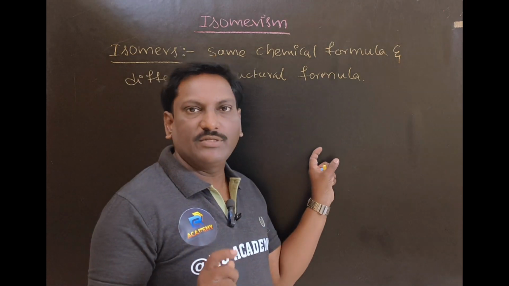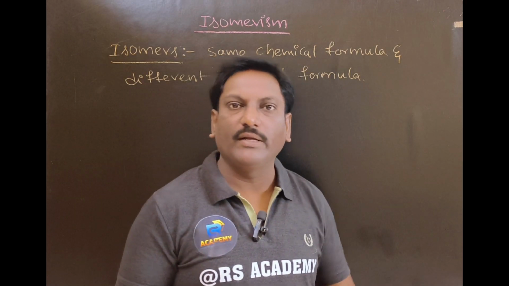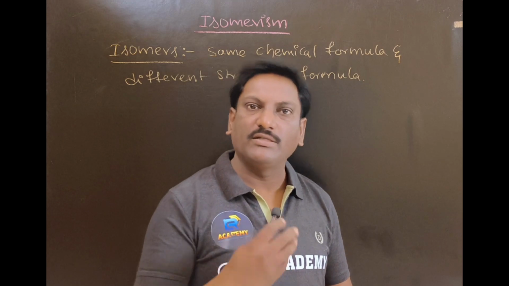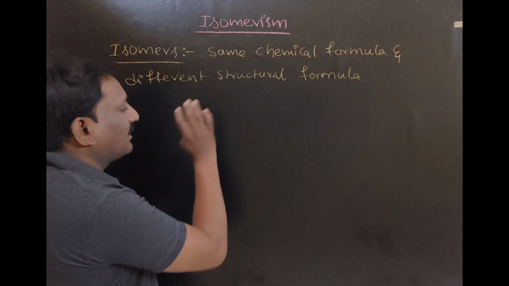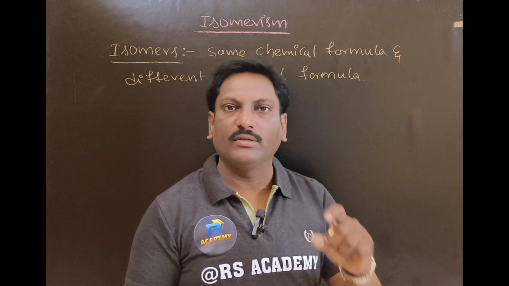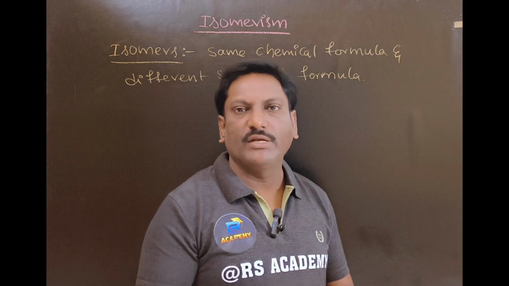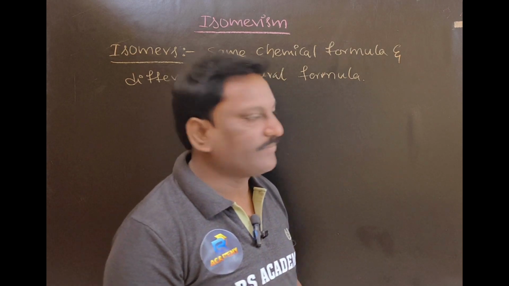In class 10 chemistry we have only structural isomerism. In plus 1 you will get stereoisomerism and structural isomerism in detail. So in class 10 chemistry we have only structural isomerism: position isomerism, chain isomerism and functional group isomerism.